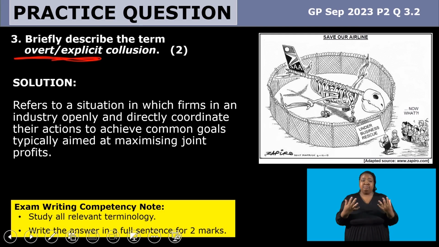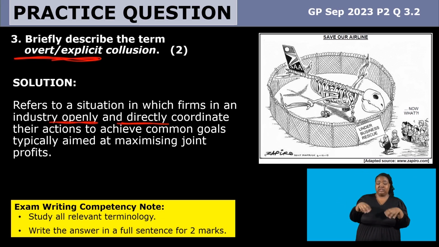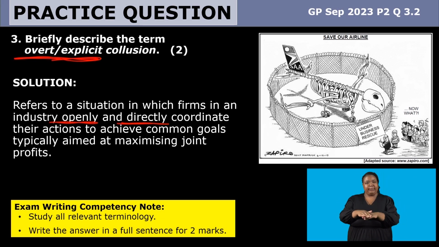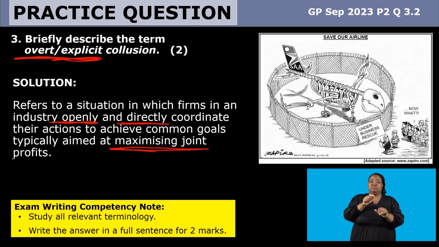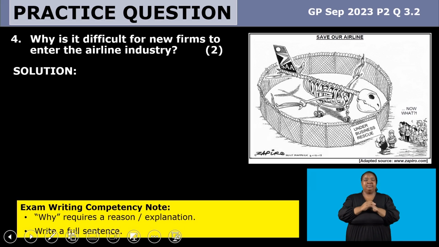It refers to a situation in which firms in an industry openly and directly coordinate their actions to achieve common goals, typically aimed at maximizing profit. So in your description, you need to highlight that this is done openly, directly, officially, formally, and also indicate the aim, mainly to maximize their profits by limiting competition amongst themselves and also increasing their prices.